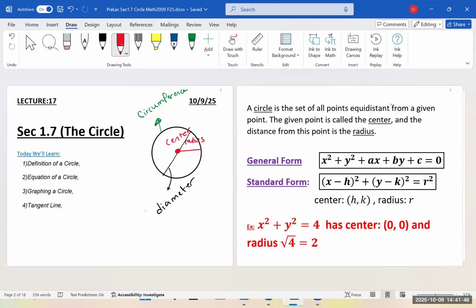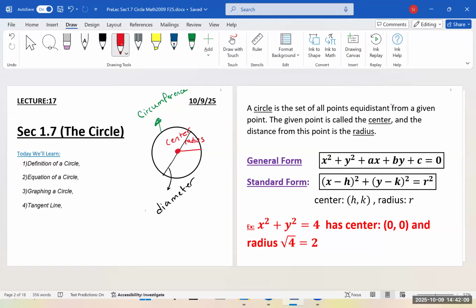It's (h, k). Also observe that in the equation, h has the negative sign, but when you take the h for the center, it gets the opposite sign. Same thing with k, it is a negative sign, but when you grab it for the center, it has the opposite sign.